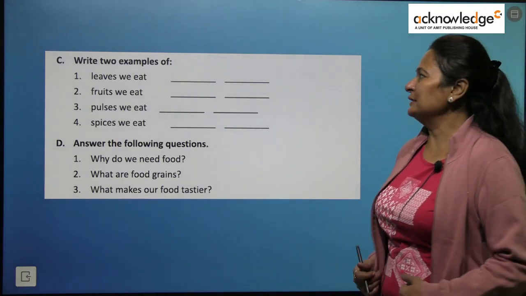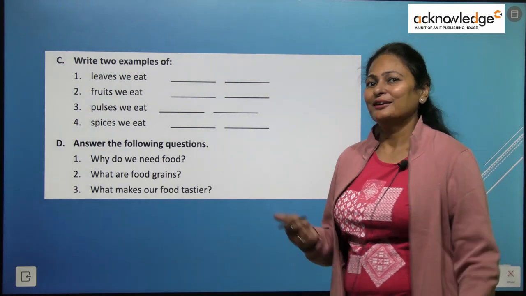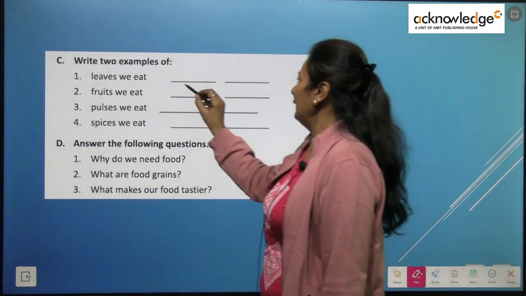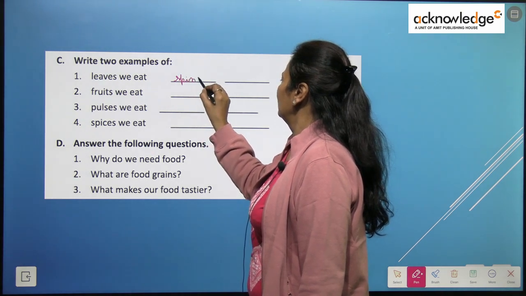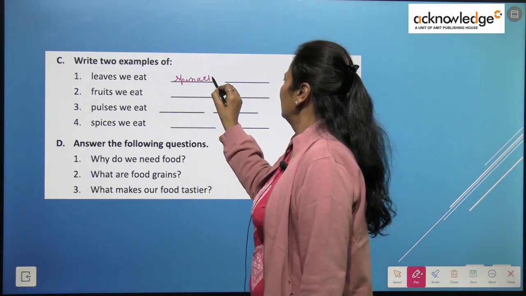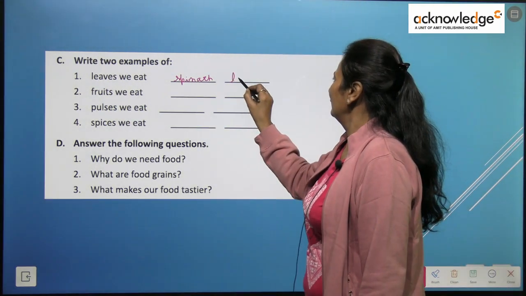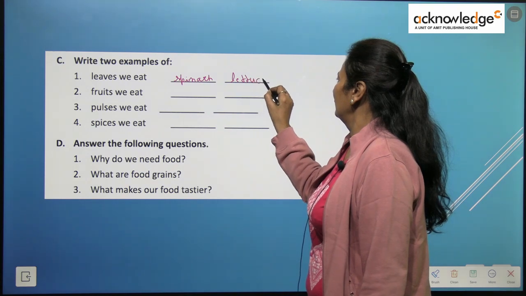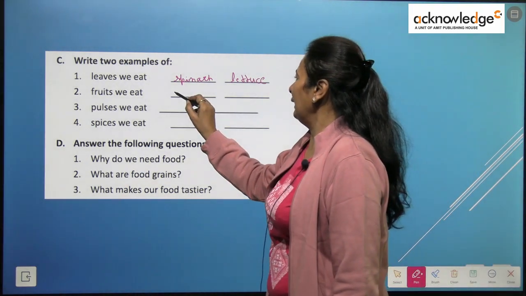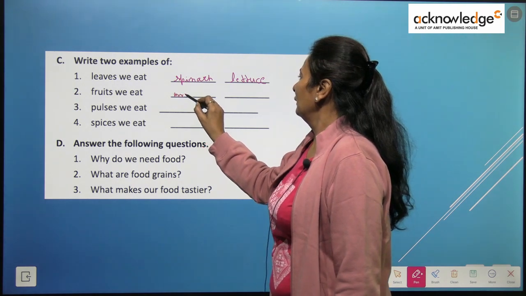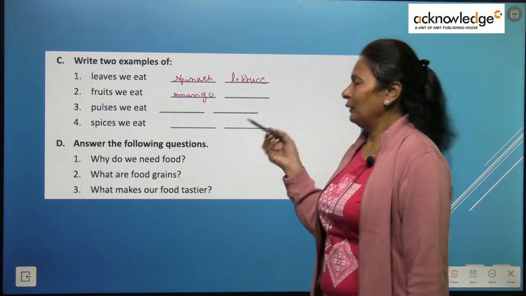So let's do the question number C. Write 2 examples of leaves that we eat. First one is spinach. And the second is lettuce. Fruit we eat. So many fruits we eat like mango and apple.